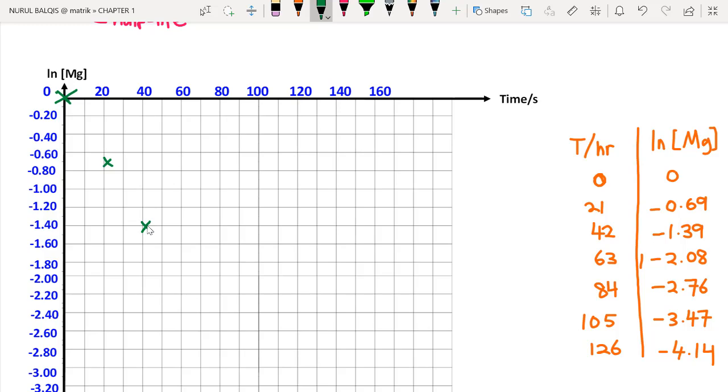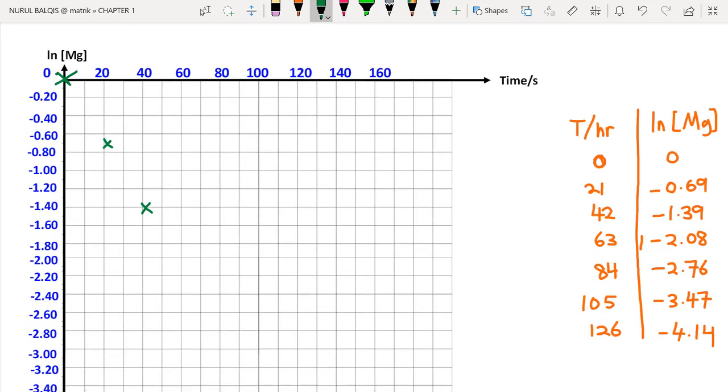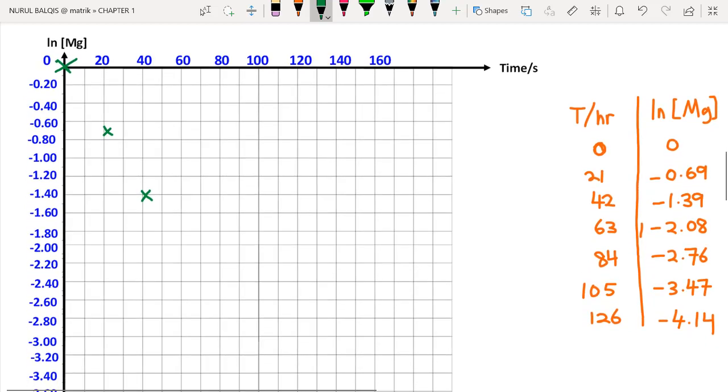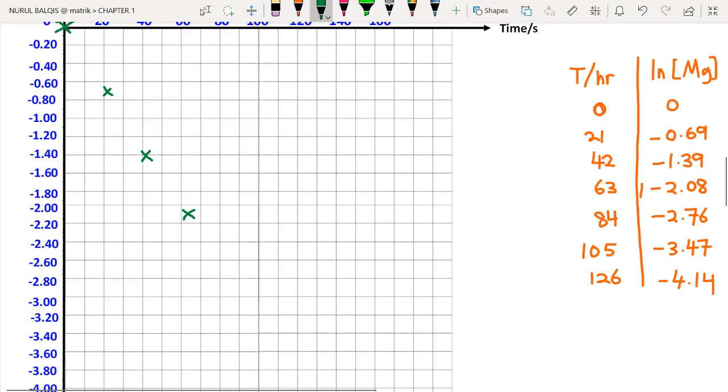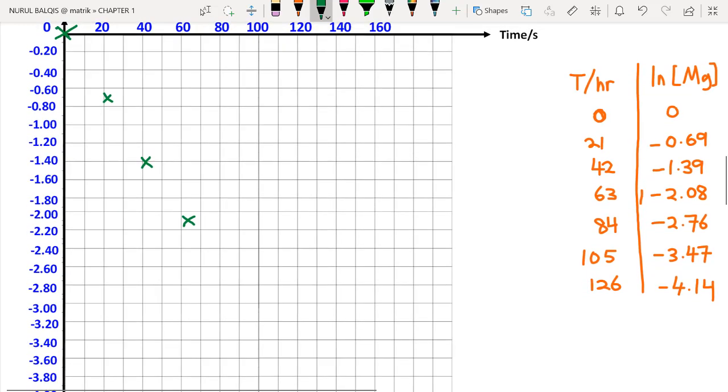Followed by 63, negative 2.08, 63 around here, negative 2.08, maybe here.